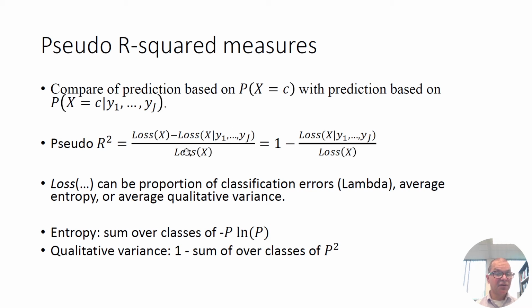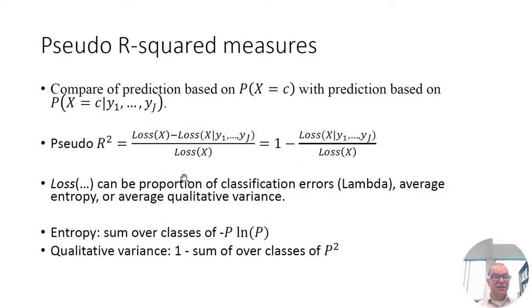So this is the difference, and then you divide by the loss that you had without using information on the responses. You can call this the proportional reduction in loss or the proportional reduction in errors. You can also write this as 1 minus the loss conditional on the response divided by the loss overall, without conditioning.